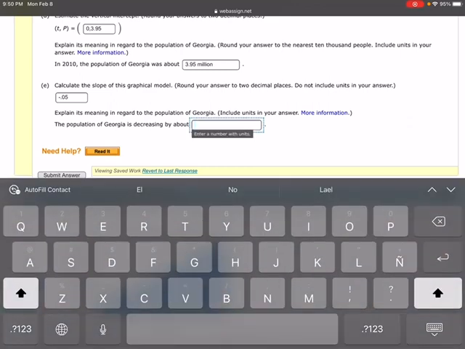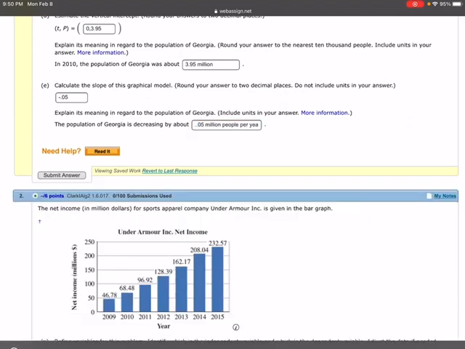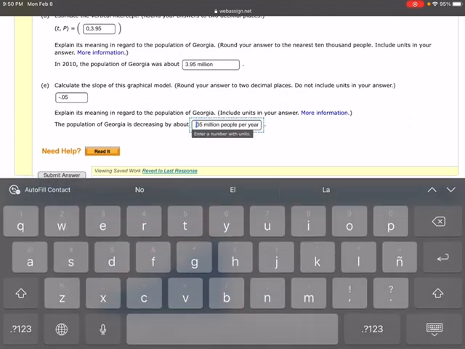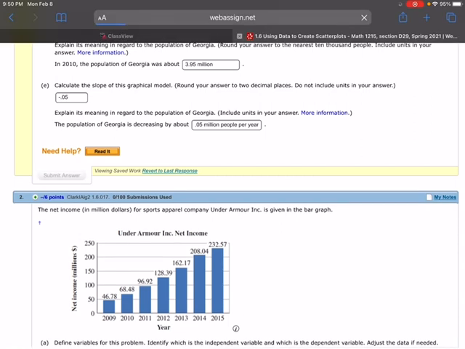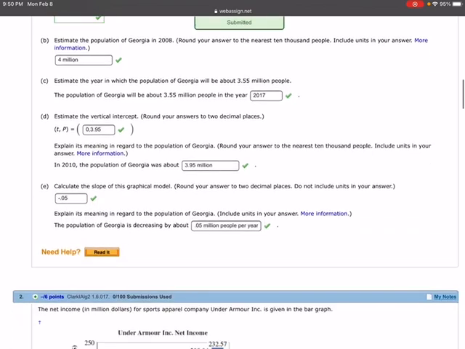The population of Georgia is decreasing by about 0.05 million people per year. Every year it increases or decreases, in this case decreases, by 0.05 each year. Let's submit it just to make sure that we got it right. Now we'll go back and check, and it seems they're correct.